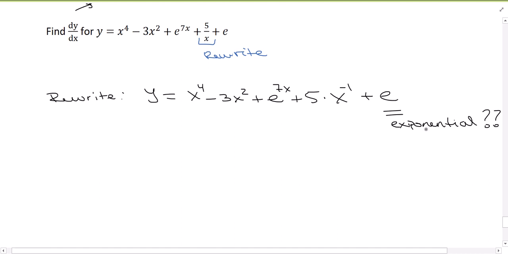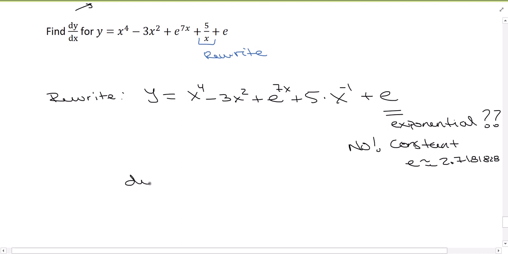Big question mark there. No, right? We don't have a variable as an exponent, so this is just a constant. It is the constant e. Remember, e is approximately 2.71828. So this is not an exponential, so I don't need the exponential rule.